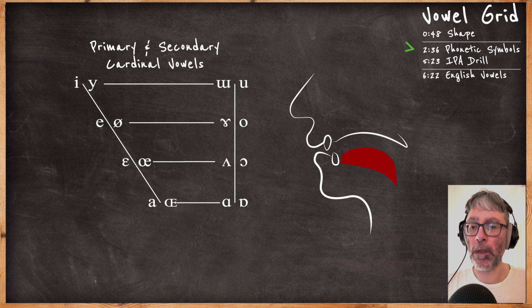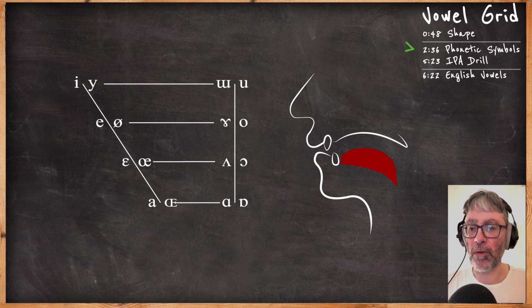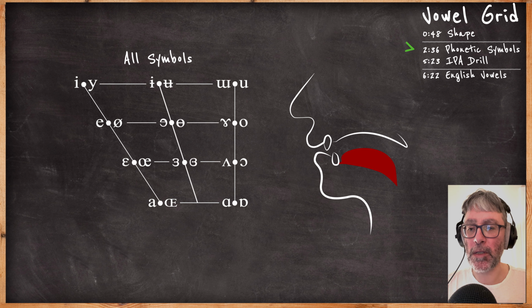So now we have the primary cardinal vowels and the secondary cardinal vowels. The full IPA vowel grid has some additional sounds that are found between the front and back columns of the cardinal vowels, from close to open.